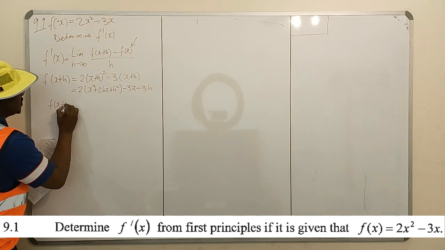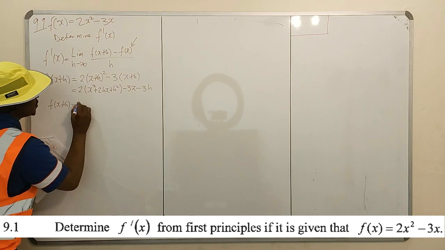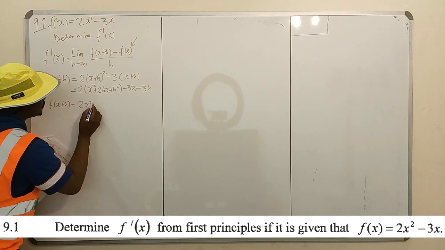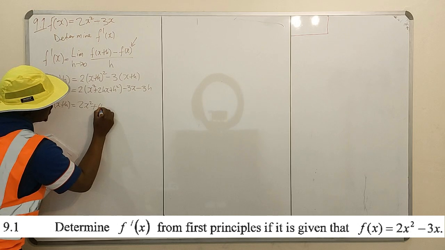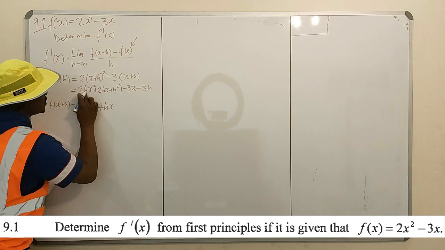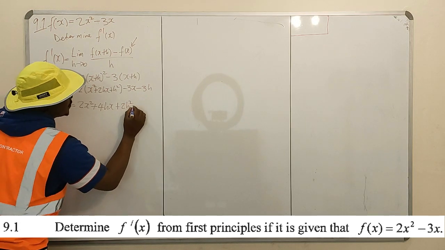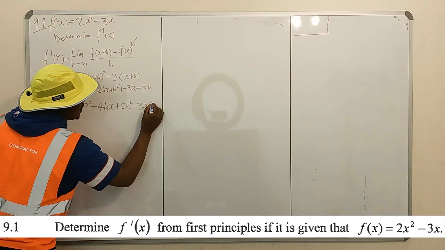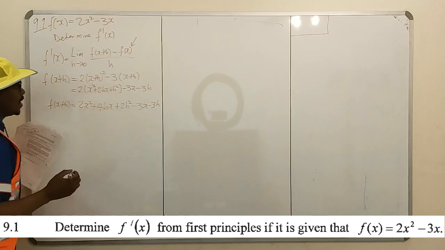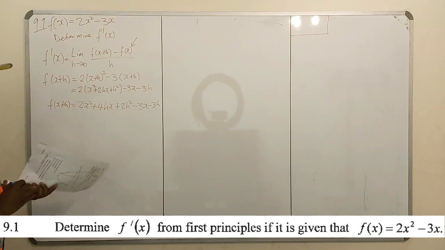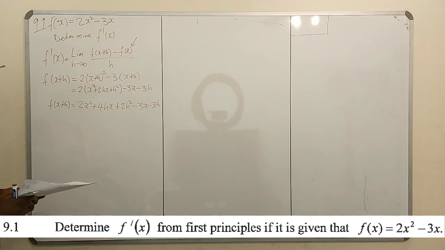F at x plus h is equal to 2x squared plus 4hx plus 2h squared minus 3x minus 3h, right? If you look at this, there are no like terms that you can group.